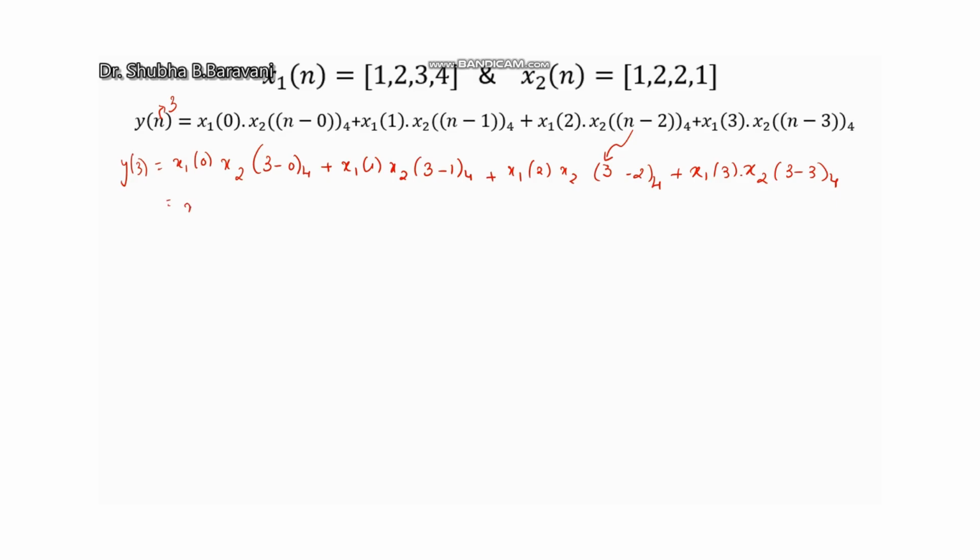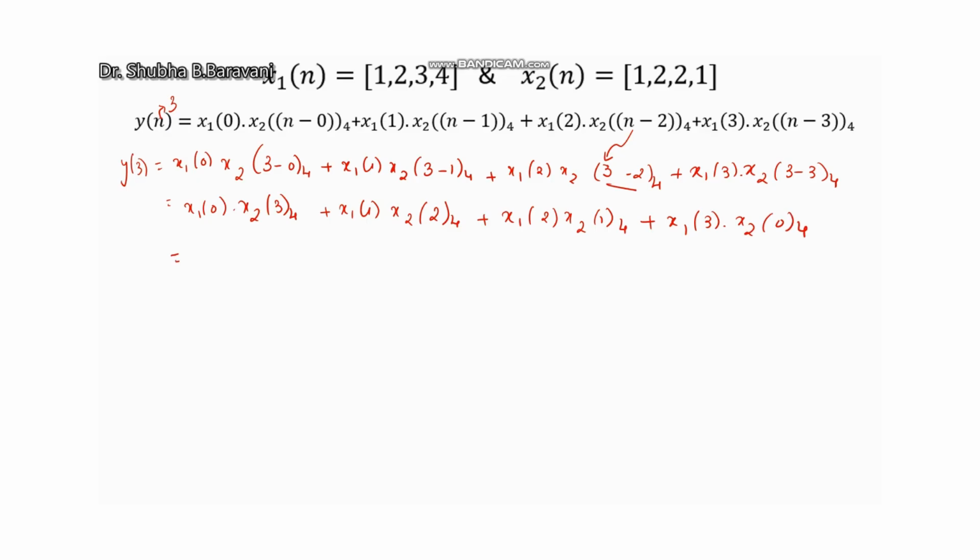So that is, I'll simplify this, x2 of 3 to base 4, x1 of 1, x2 of 2 to base 4, x1 of 2 into x2 of, see, 3 minus 2 is 1 to base 4, plus x1 of 3 as it is, x2 of 3 minus 3 is 0 to base 4. Right?